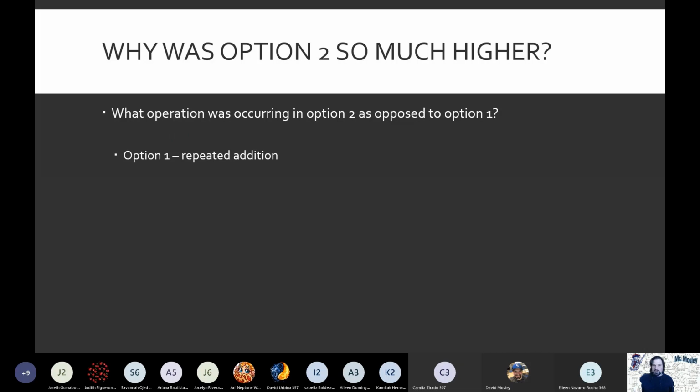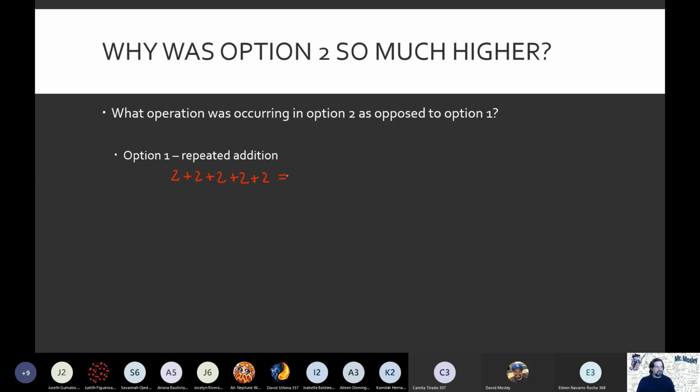In option 1, we're doing repeated addition, right? With repeated addition, how do we show that mathematically? Rather than doing 2 plus 2 plus 2 plus 2, how do I show that in shorthand in math?